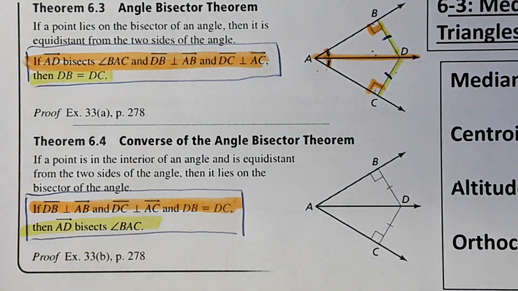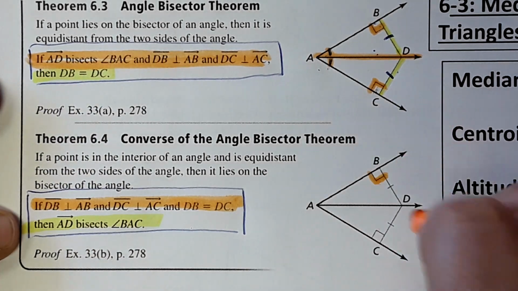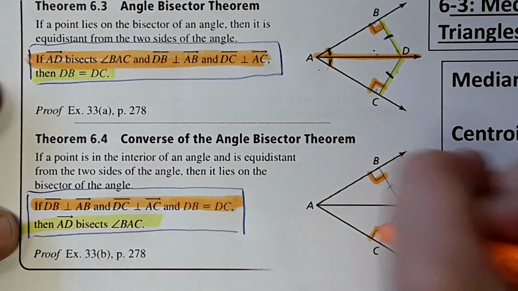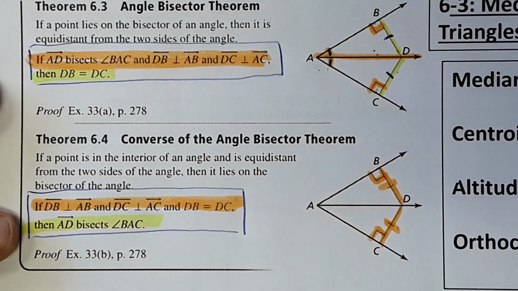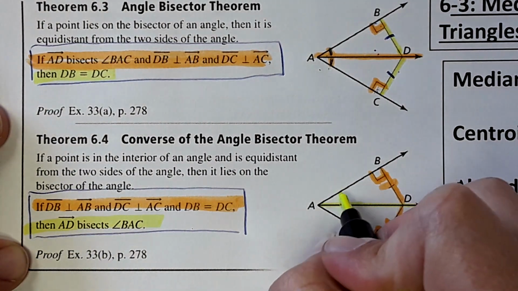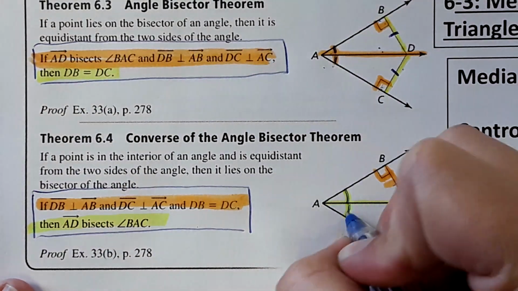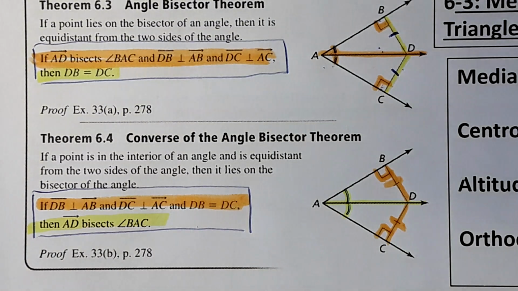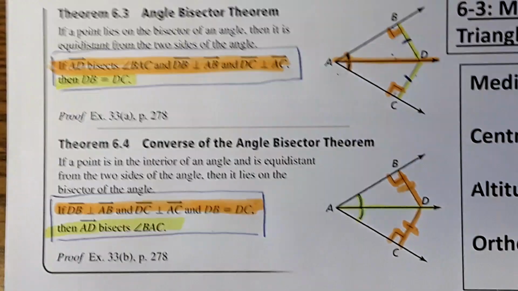Okay, so if DB is perpendicular to AB, right here, and DC is perpendicular to AC right here, and this segment is the same length as this one, then you can say that AD bisects this angle and these two angles are the same measure. So again, if these two things are met, you can say that this is an angle bisector. Okay, so that's it for the concept review. Now we're going to move on to the practice problems.